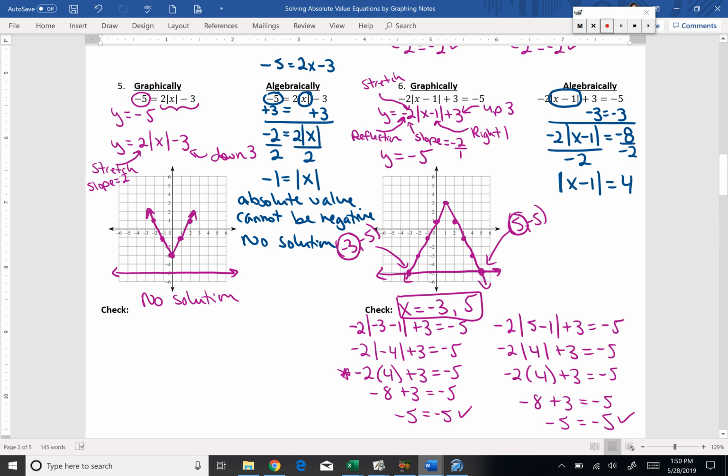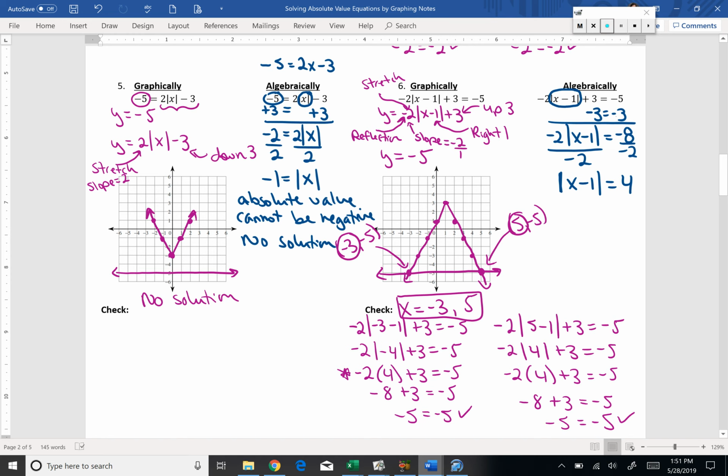The process to get it there is the same steps you guys have been using all this year, probably last year, and for some of you even the year before. Now, once you get the absolute value all by itself, that's where it's a newer idea for us. There are two different numbers that have the same absolute value.